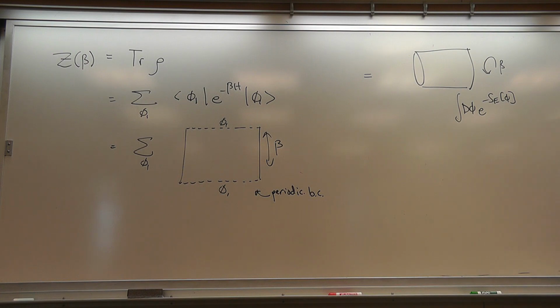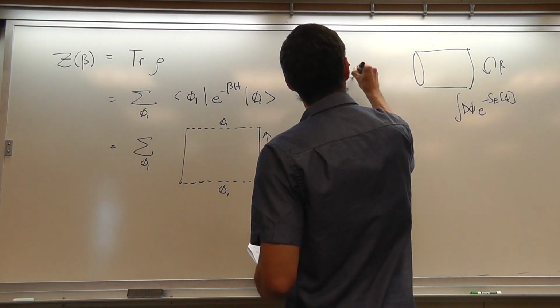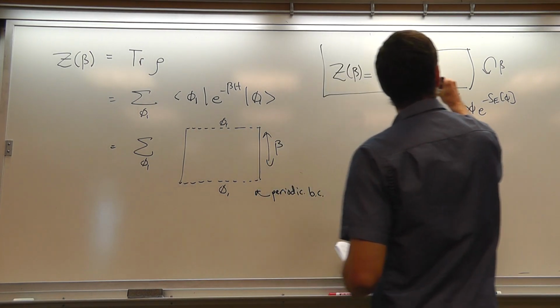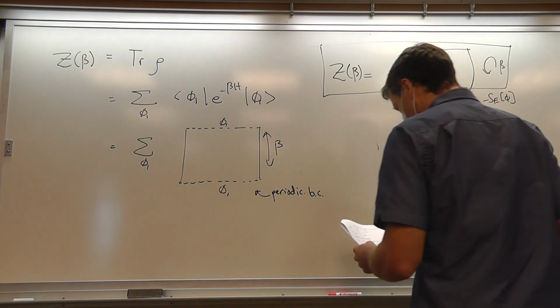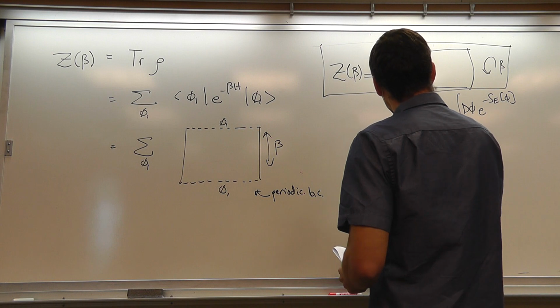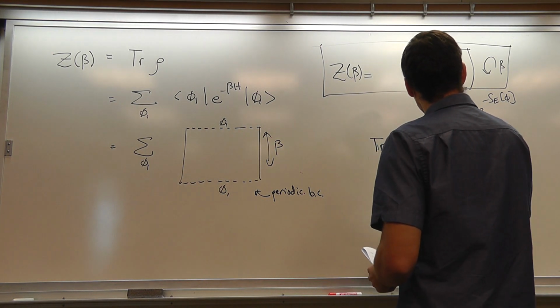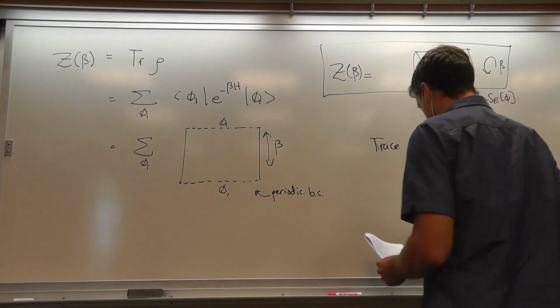Okay. So the upshot here is that the trace, so this is our formula that we wanted, and this is an important result. The upshot is that the trace glues the cuts together.